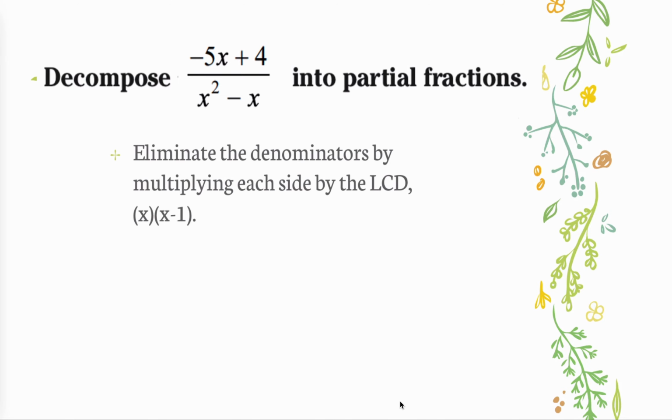Eliminate the denominators by multiplying each side by the least common denominator, which is x times x minus 1. So a over x plus b over x minus 1, we multiply the entire thing by x squared minus x, or, well, the factored form of it.